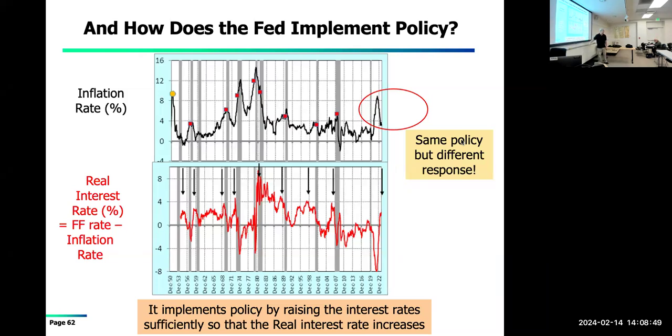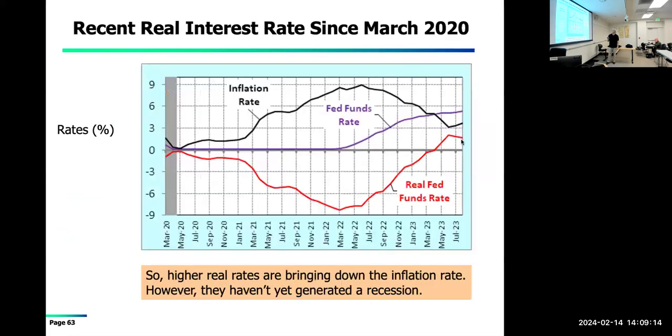This is what they tried to do and succeeded in doing in terms of slowing down economic growth. As the inflation rate declines, the real rate, even though the nominal rate may not have changed, is potentially increasing, and they have models to tell them, we've got to be really careful here. We don't want the economy to slow down from here. You'll see in a minute why this is important.